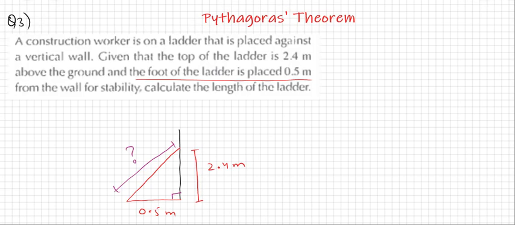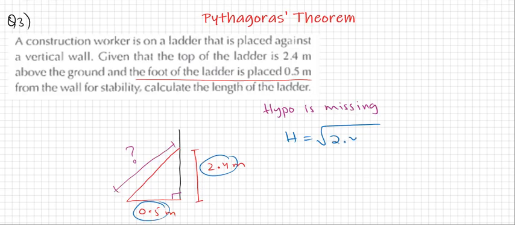Now we are going to consider the case where hypo is missing. So what we do, we write down the formula h equals under root, and we add the two given sides, which are 2.4 and 0.5, and we apply a square over it. And we will solve this to get the value of the hypotenuse, which is the ladder.